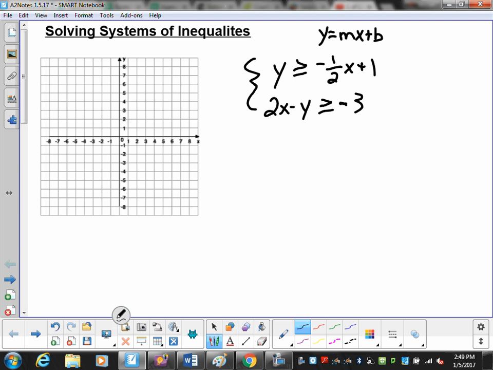Okay, so on the first one, we start with graphing the y-intercept. So what is the y-intercept in that first equation? 1. So on the y-axis, we go up to the 1 and we put a dot. And that's our starting point. From there, our slope is what? -1/2. So from there, we go down 1 and to the right 2.